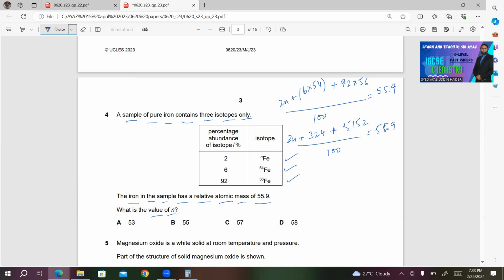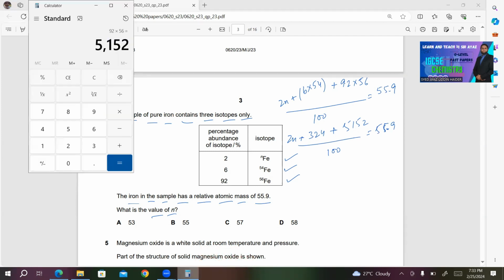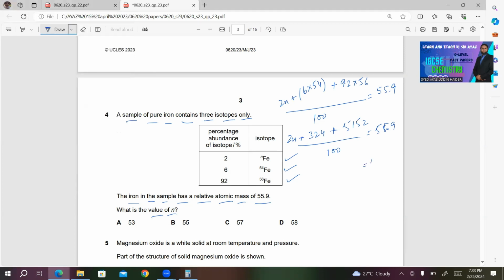Now we have to multiply 55.9 by 100 and we will get 5590. You see, 5590 is the answer.